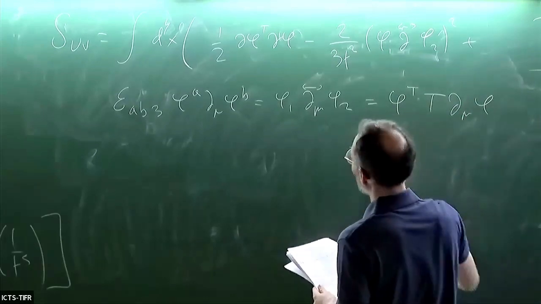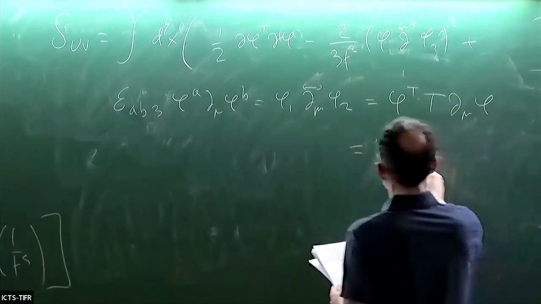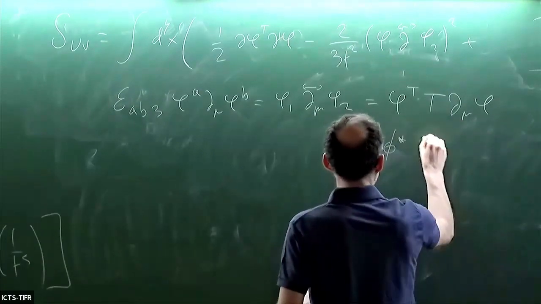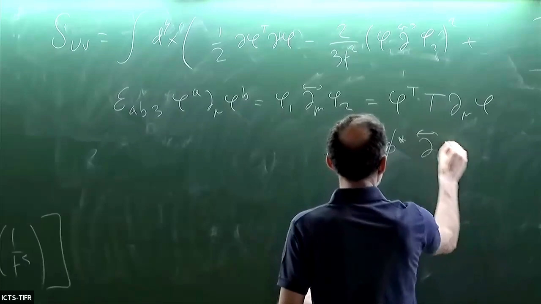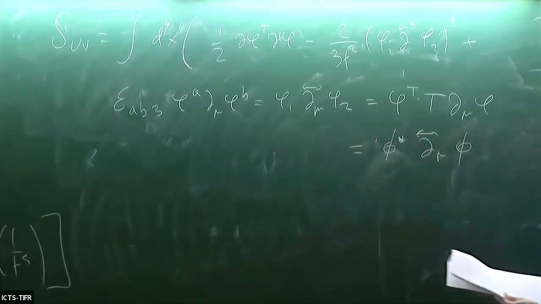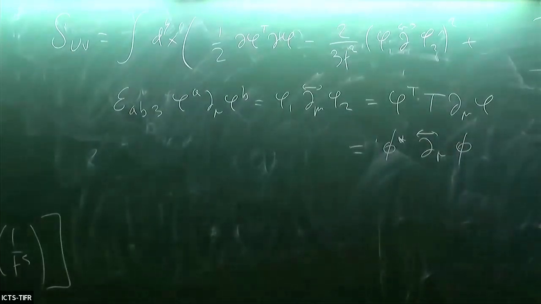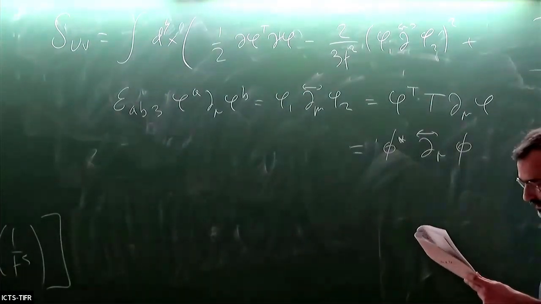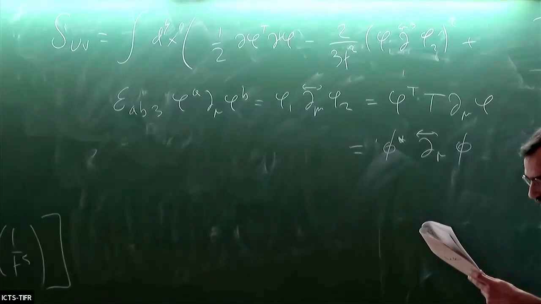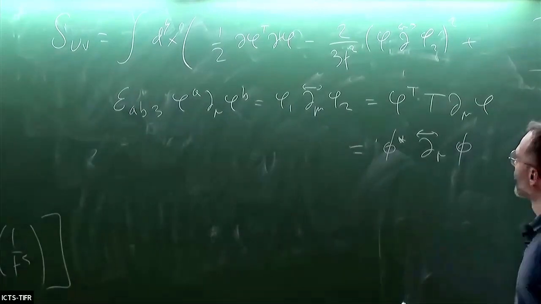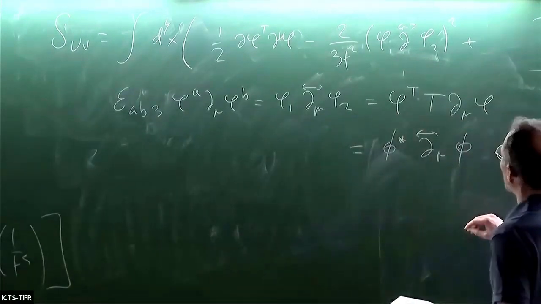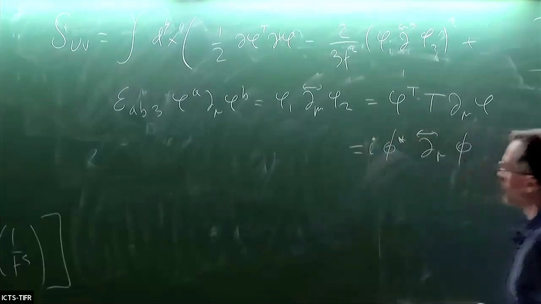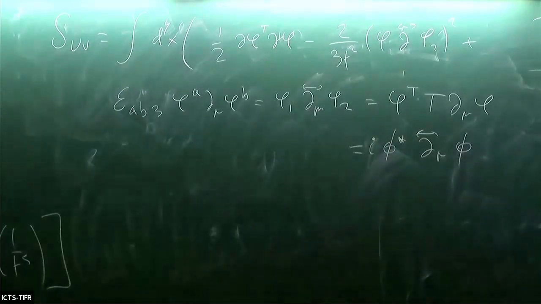And finally, what we want for our matching is also phi star partial mu left-right phi, with a factor of, is there an i in there? Possibly, but I forgot it. Yes, there's an i.